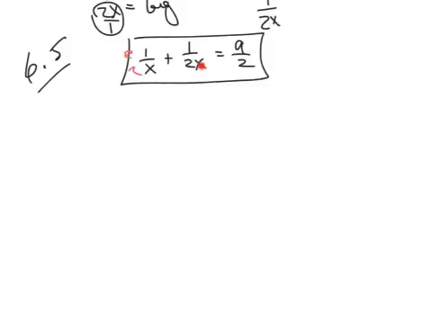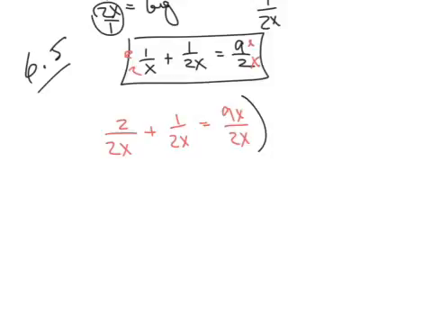And when we look at this one, we're not missing anything because we have a 2 and we have an x. What are we missing here? We're missing an x and an x. So I have a 2 over 2x plus 1 over 2x, because we didn't do anything to that one. And then I have 9x over 2x. So there's our common denominators.